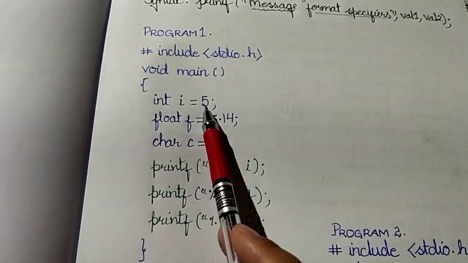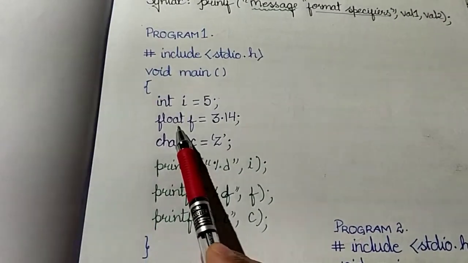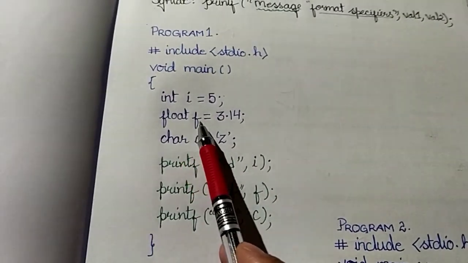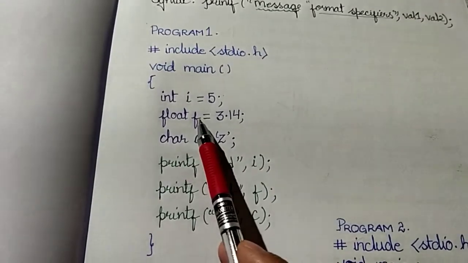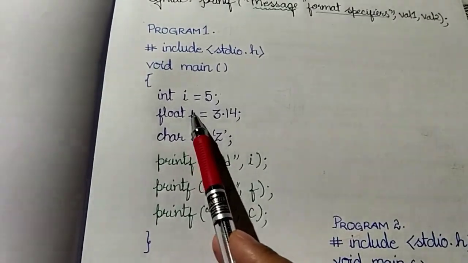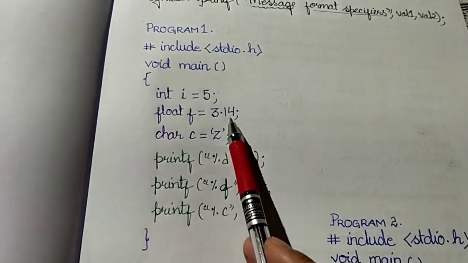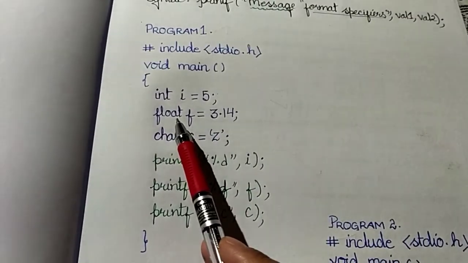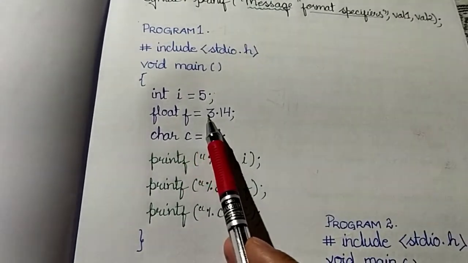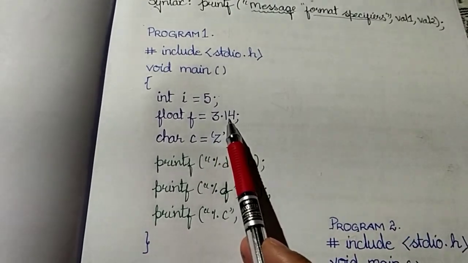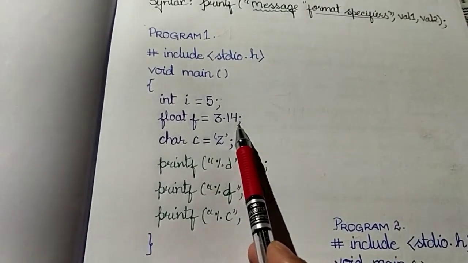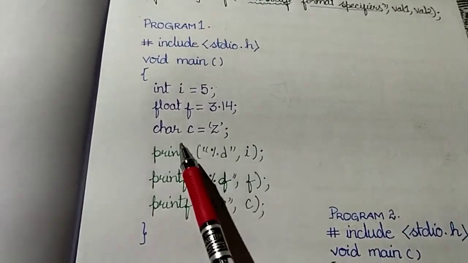Then the second one, the variable f, and in this variable f I want to put the value 3.14, which is a decimal value. Therefore I declare float f is equal to 3.14, then semicolon, the end of the statement.